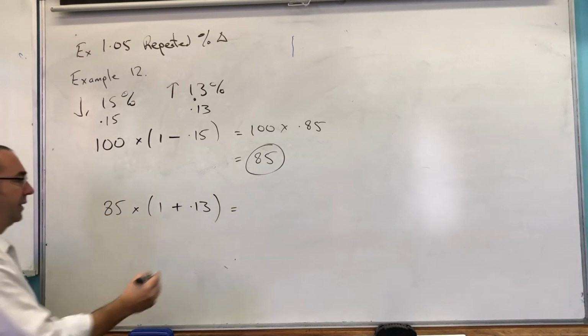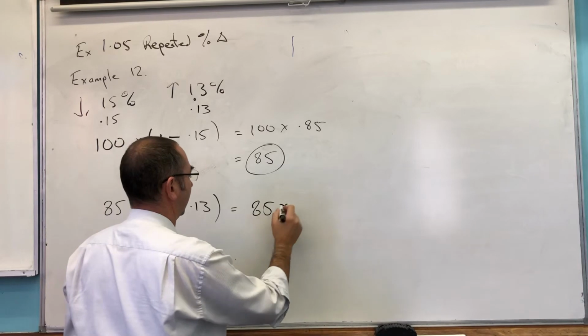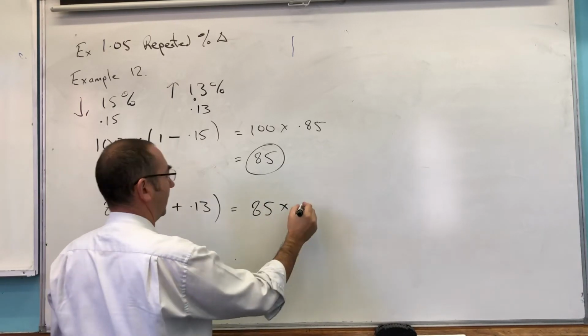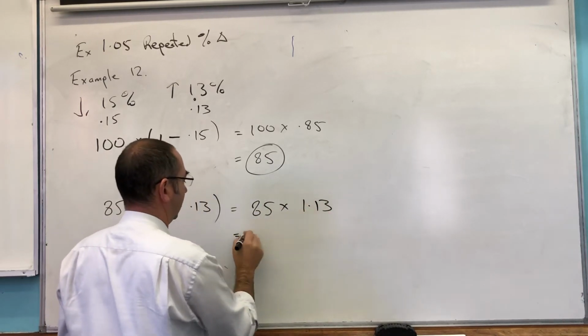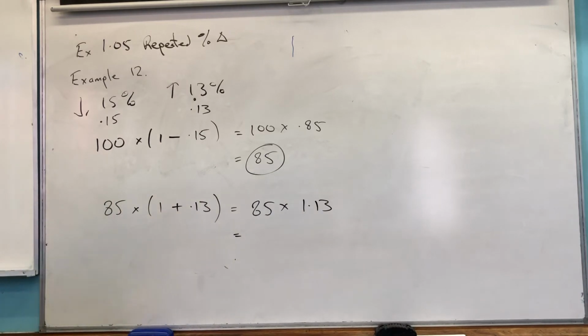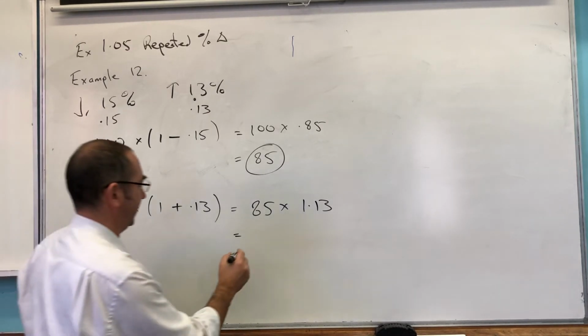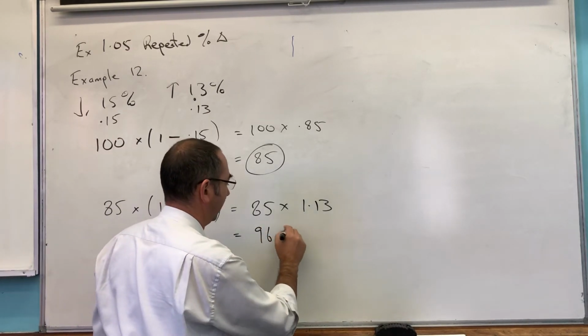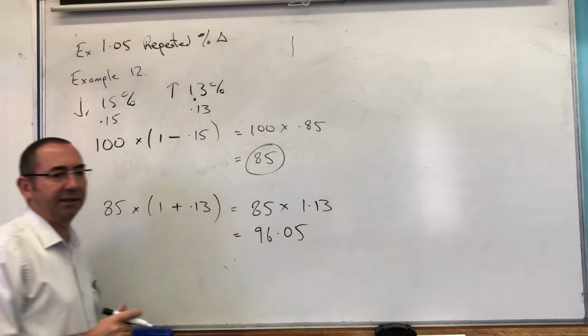Okay. So that's the same as 85 times 1.13, which should come out at 96.05. It'd be great if someone would check that on their calculator.